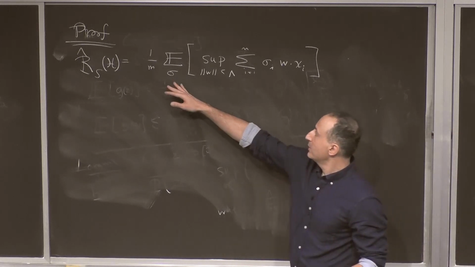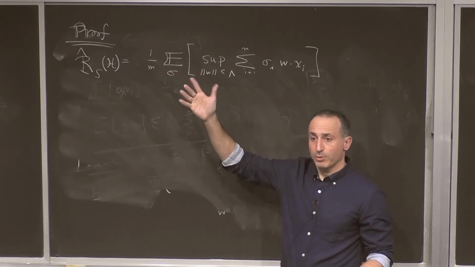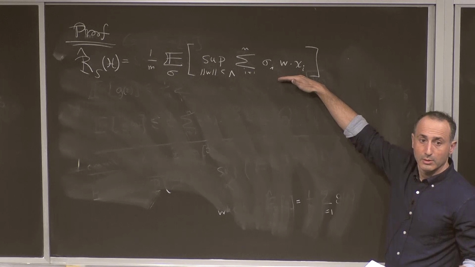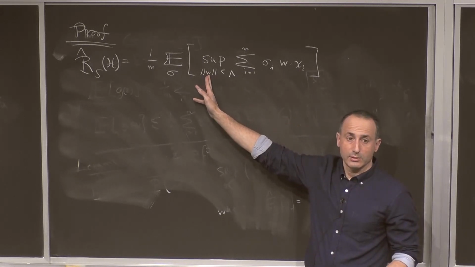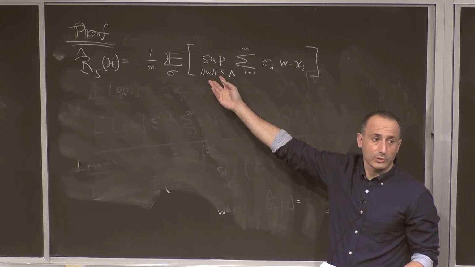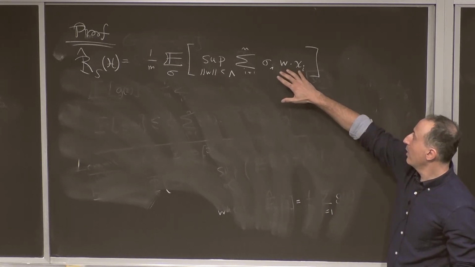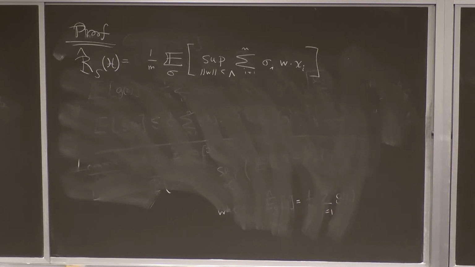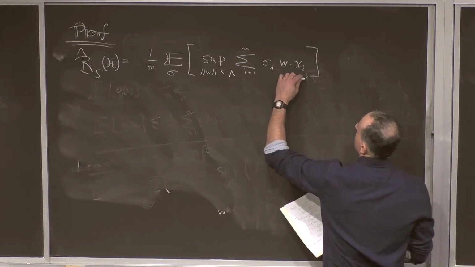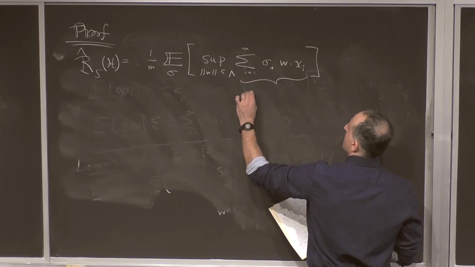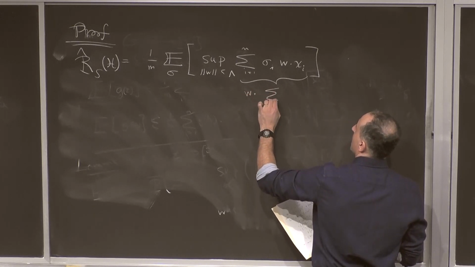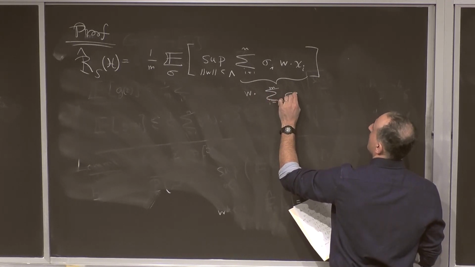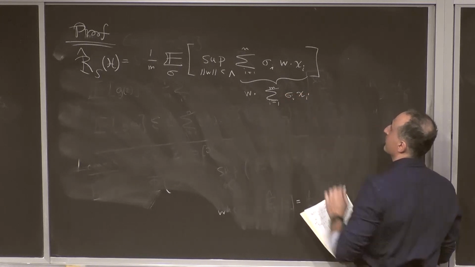Because the general definition is it's the expectation over sigma, our plus 1, minus 1 variables, multiplied by the functions over all functions in the class. Well, the W bound is covering the functions in the class. The functions are just W dot x, and there's the sigmas. So the first step is to rewrite it, since it's linear, as W dot the sum of sigma i times xi.